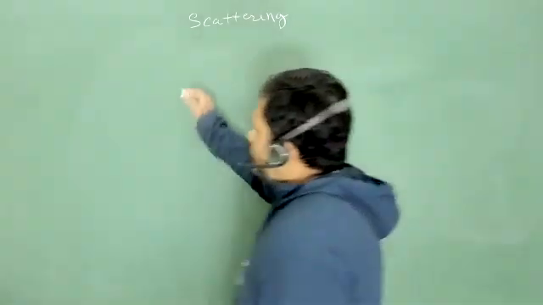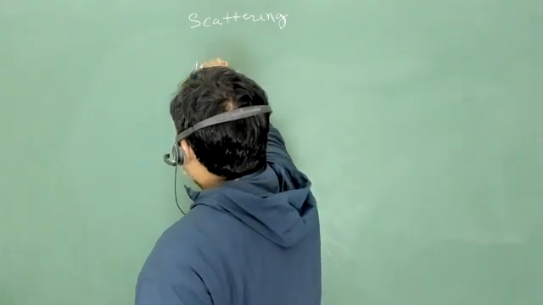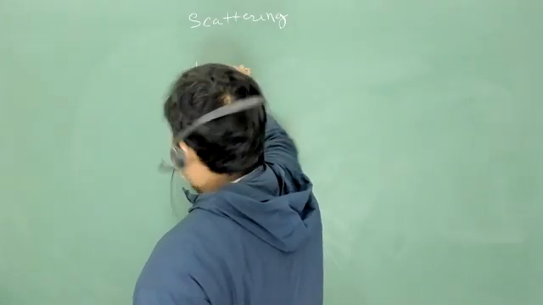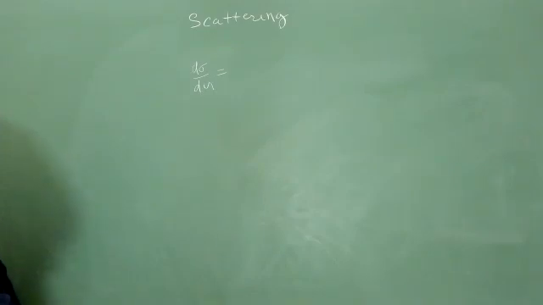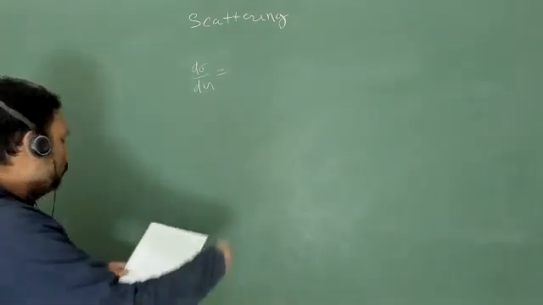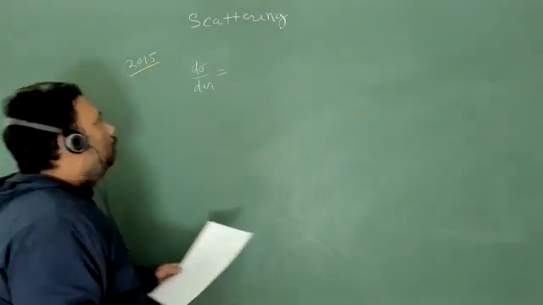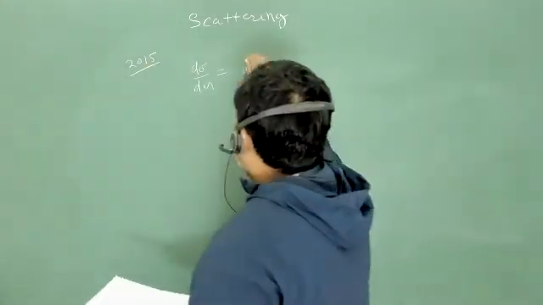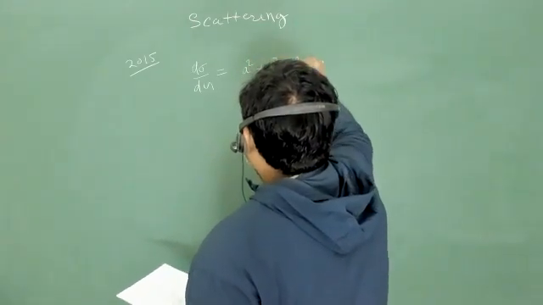Anyway, in a problem, d sigma upon d omega is given, just a minute. This is from your NET 2015 question. So d sigma upon d omega is given as a square plus b square cos square theta.